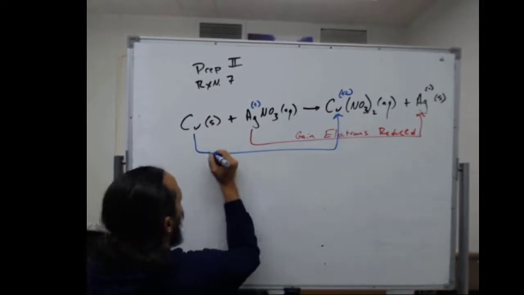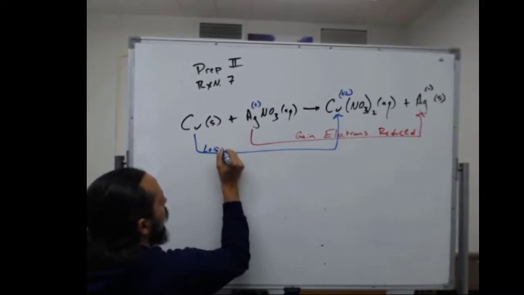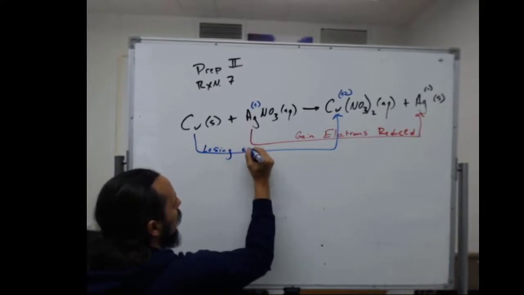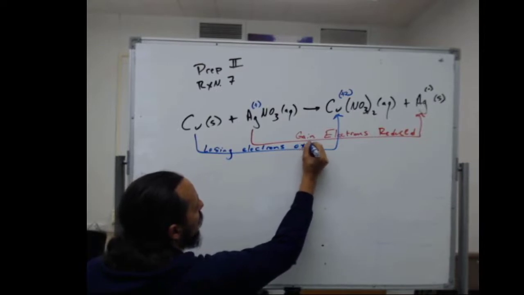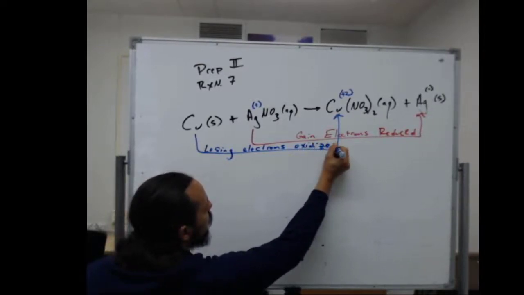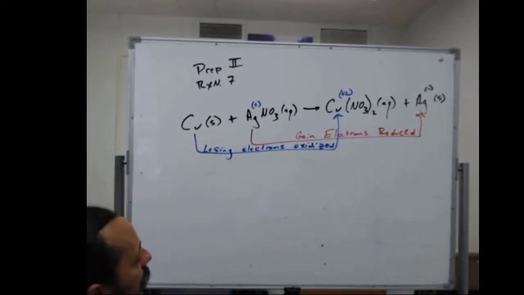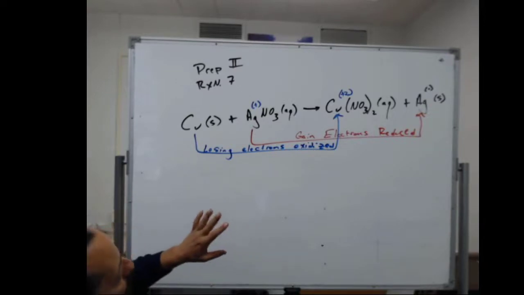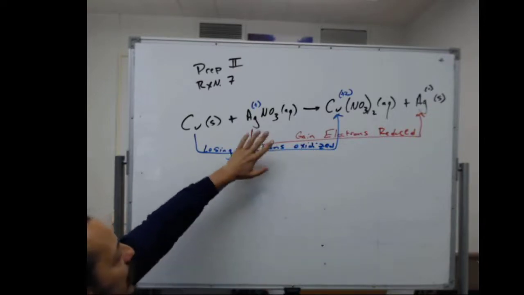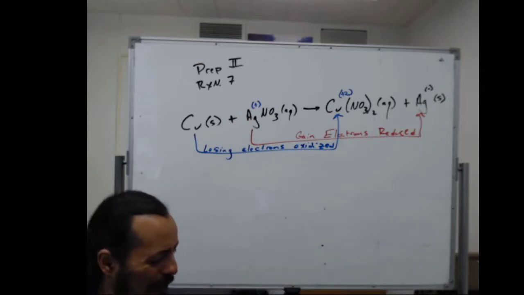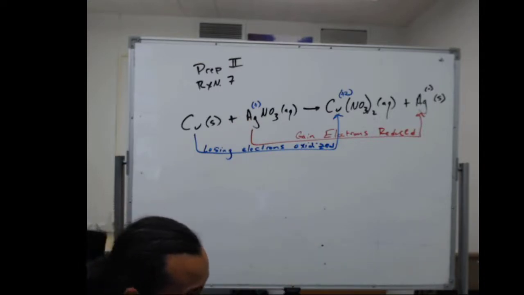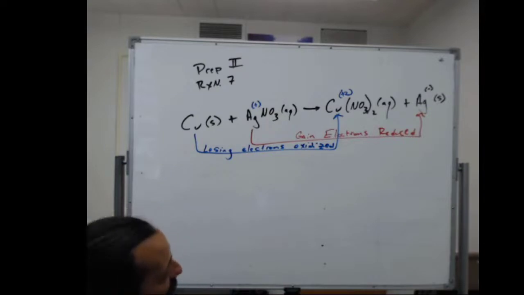The thing that is losing electrons is oxidized. Now, the part that always messes students up is you go from positive to 0 because you're gaining a negative charge. It's weird. You're adding a -1. But that's what's going on.